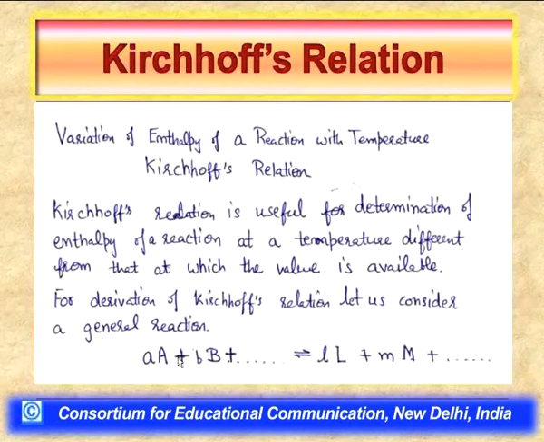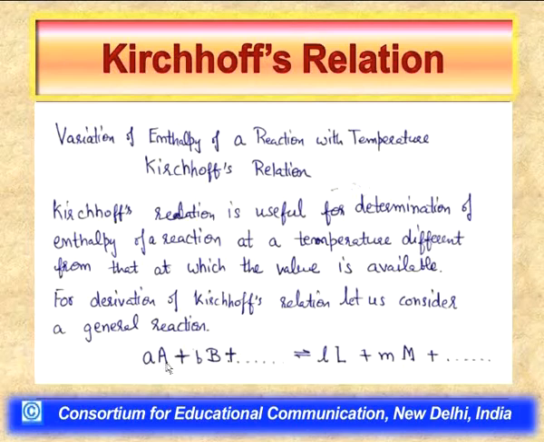Suppose there are several chemical species present on the reactant side, for example capital A, capital B, which participate in the chemical reaction as reactants, and so on, each having a stoichiometric coefficient given by their small letters.